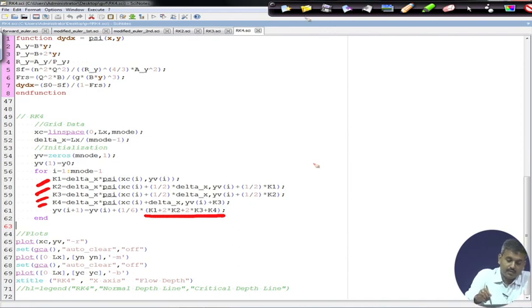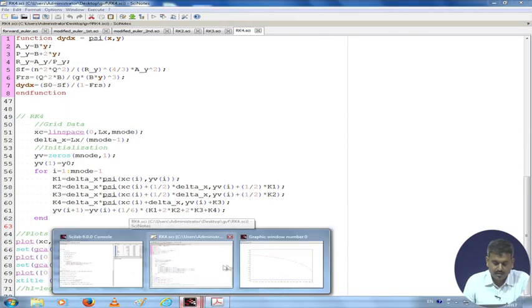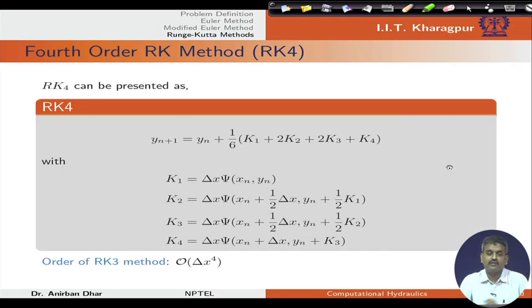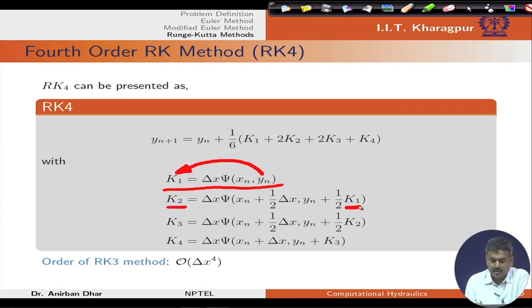Obviously, one thing is clear in this case, that whether we are considering second order or third order methods, these methods are always explicit in nature. If we consider K1, K1 depends on y n. So, K2 depends on K1. K1 is again a known quantity from our previous step. For K3 calculation we need this K2.